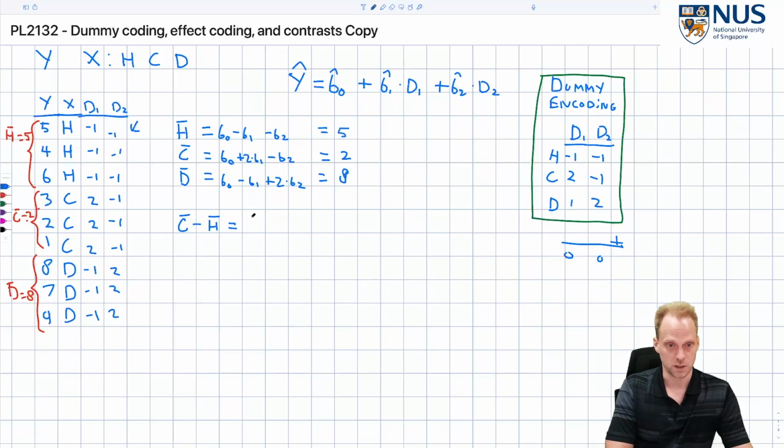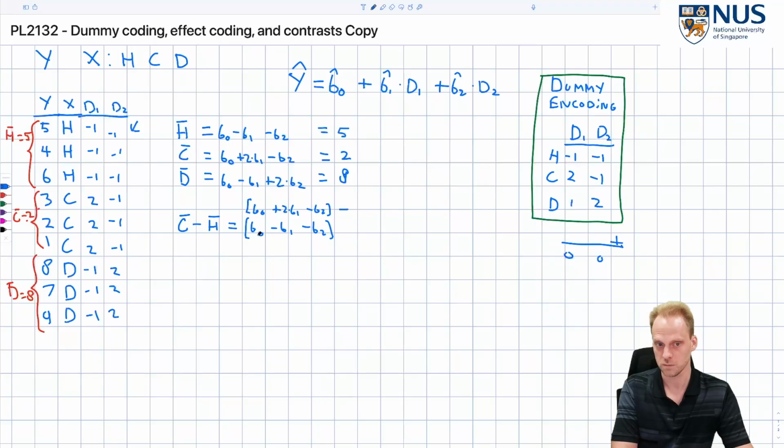All right, let's try to do that. We have first B0 minus B1 minus B2 for the hamsters, and for the cats, B0 plus 2 times B1 minus B2, and we subtract this.